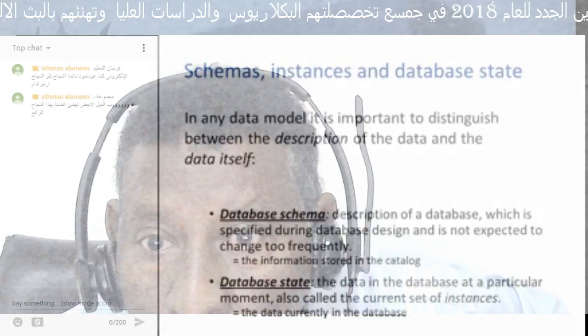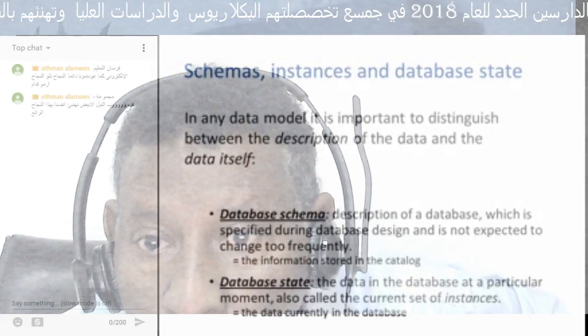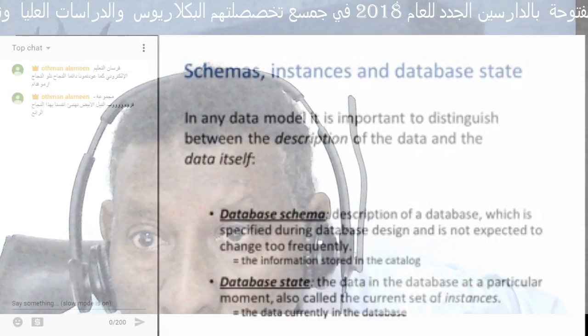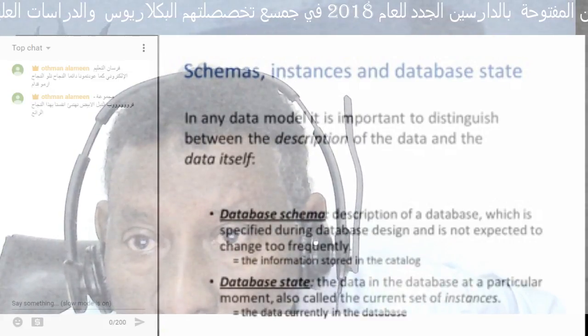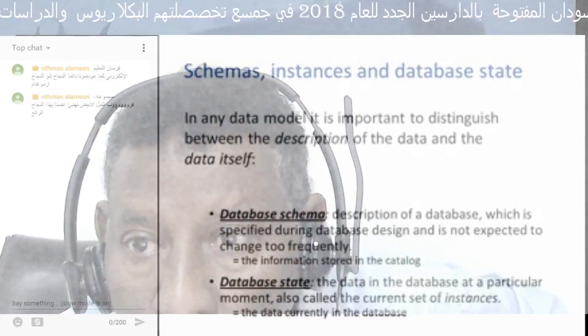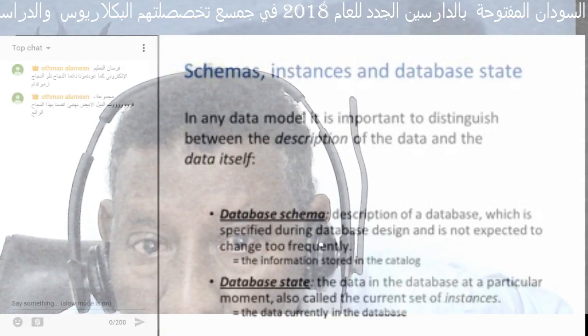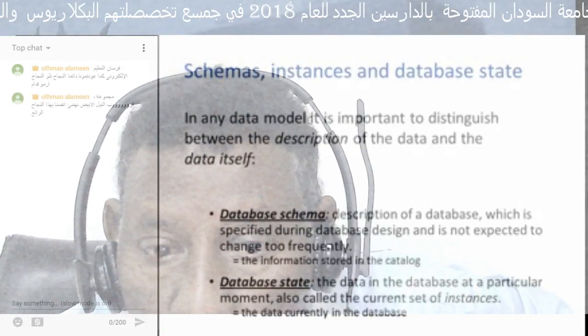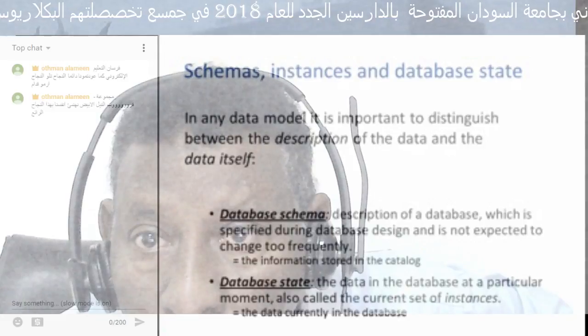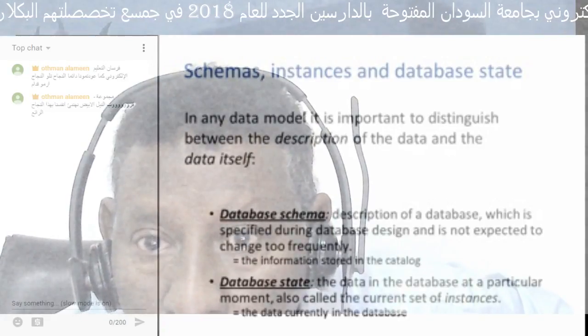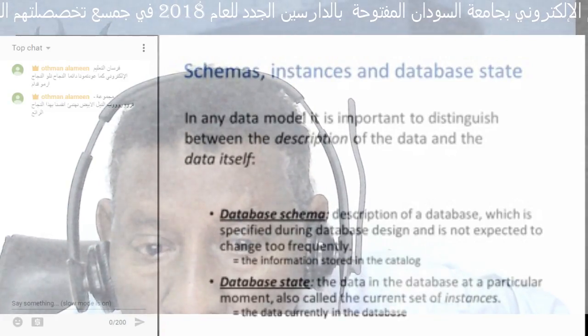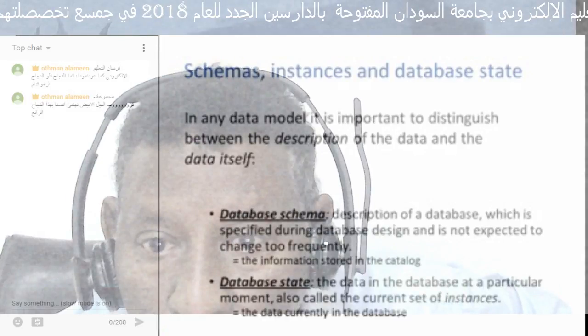And once both of them have agreed upon those definitions, we will store them in the catalog. Remember, the catalog is a very essential part of the database approach towards data management. So this is the database scheme. The database state is then the data in the database at a particular moment, which is also called the current set of instances, the current set of observations. It's the data currently in the database.